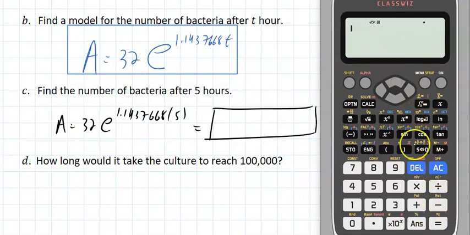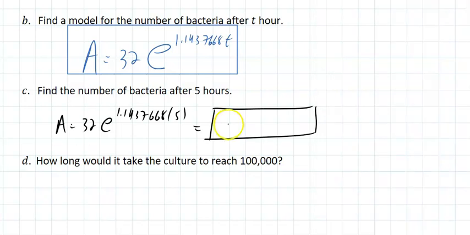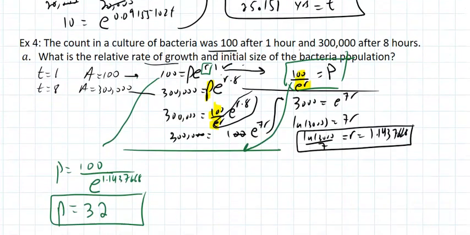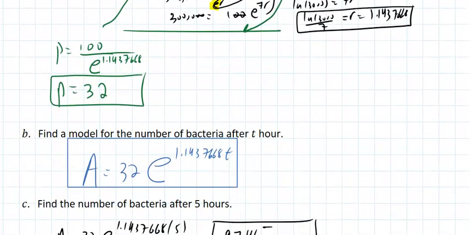I'm going to take 32 e raised to the 1.1437668 times 5. That population will be 9,746. Right? Remember, it took 8 hours to reach 300,000.